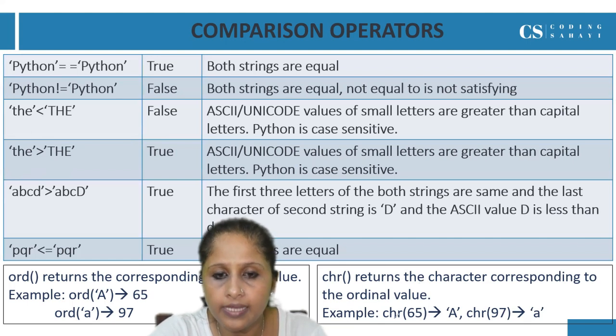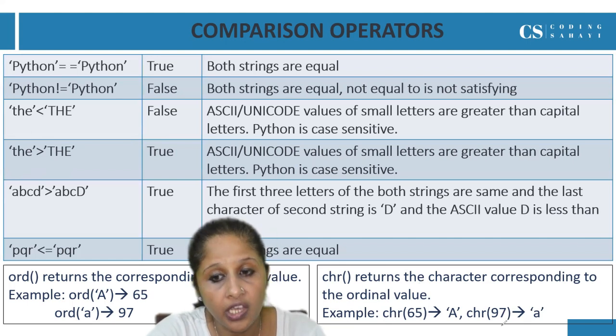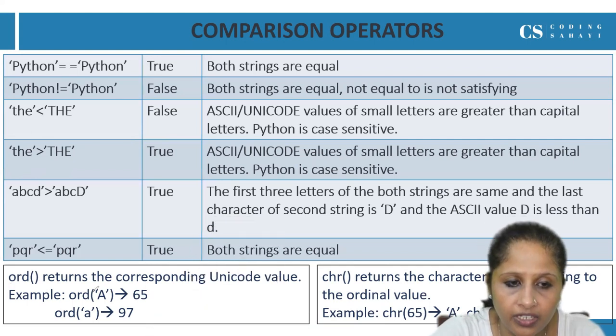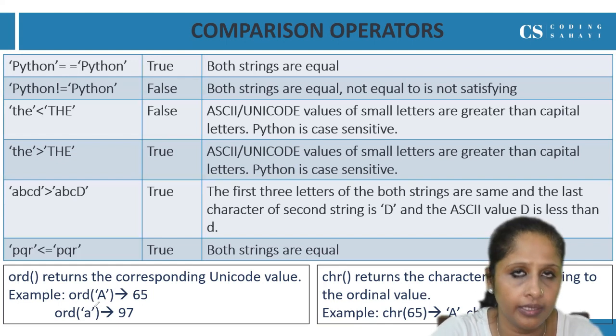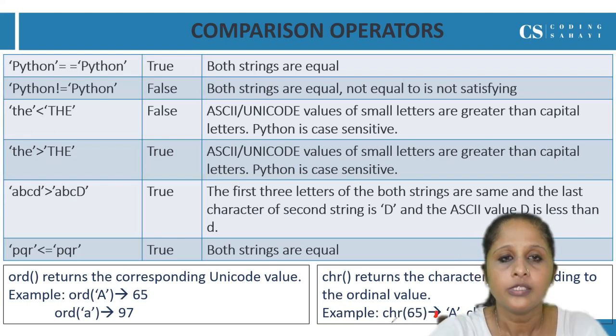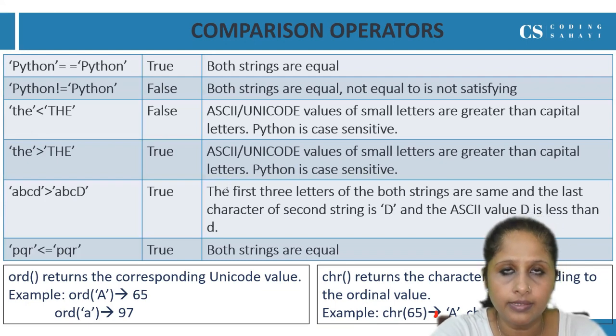For example, chr of 97 returns small a. When using the ord function, the parameter inside must be a character given in single or double quotes. In the same way, for chr it must be an integer.